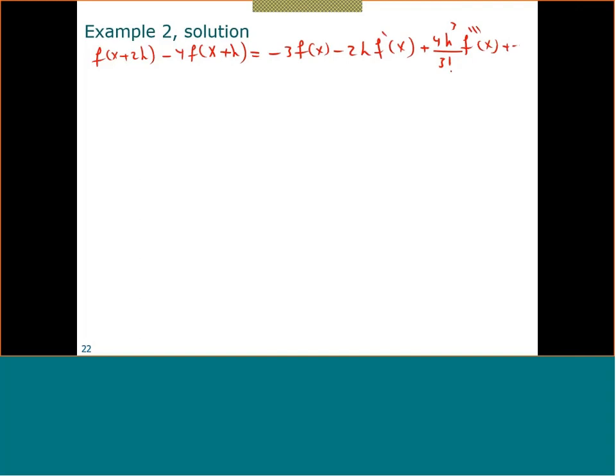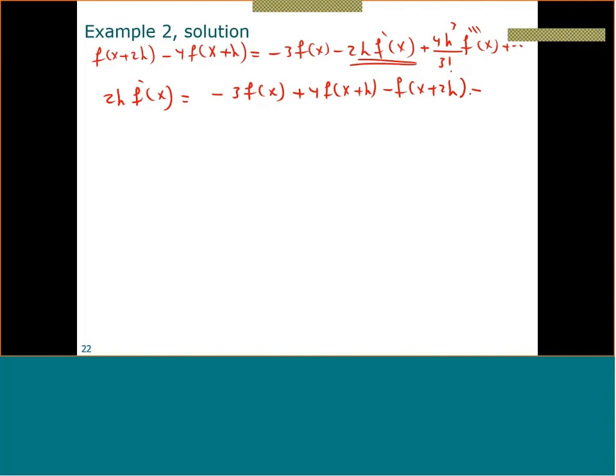Now, this is what I want on one side, so I will move this to this side and I will move this to the other side. So I just move this one here, so it becomes 2h f prime of x equals minus 3 f of x plus 4 f of x plus h minus f of x plus 2h.